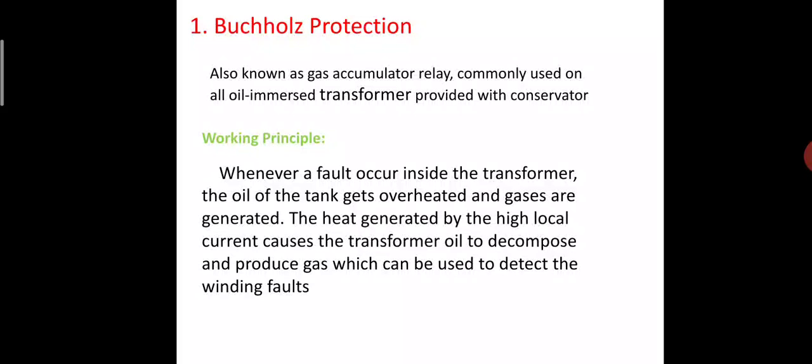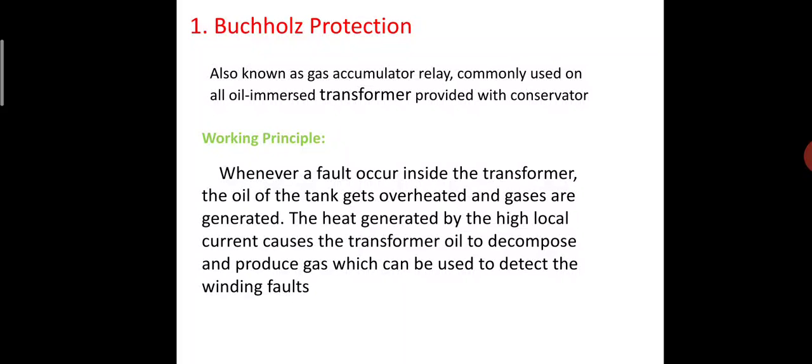These gas bubbles, while passing upward towards the conservator, get trapped in the relay, thereby a fall in oil level takes place. Due to this, the upper float tilts and the alarm circuit is closed through the mercury switch, and thereby gives an alarm to the operator.